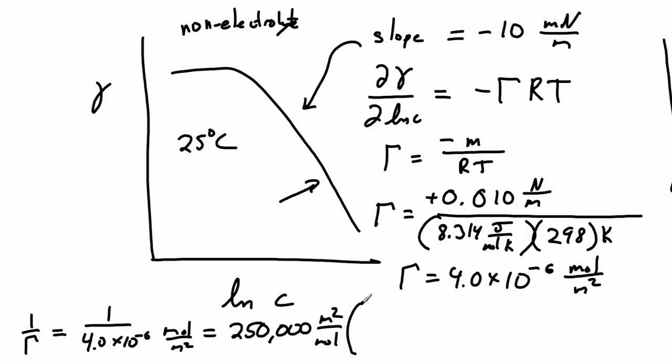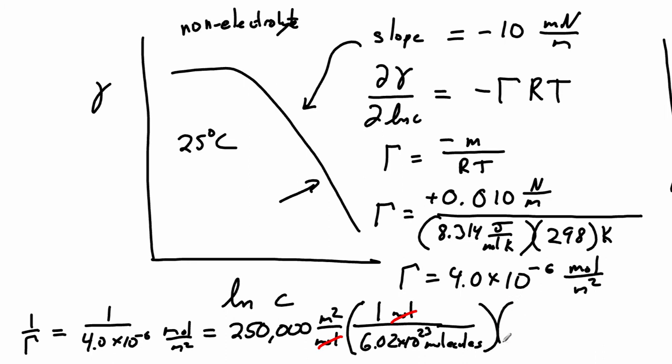So let's get rid of moles. So we know that for every 1 mole, there's 6.02 times 10 to the 23rd molecules of surfactant. So we can cancel our units of moles. And then let's put that into something molecular sized instead of meters.